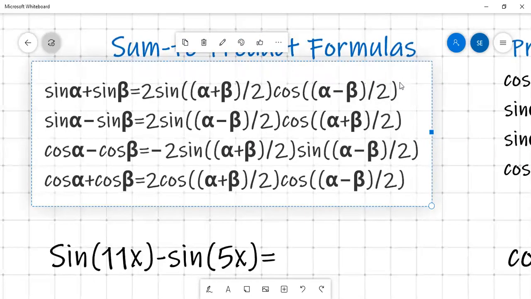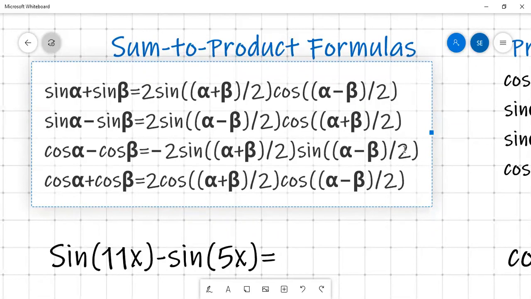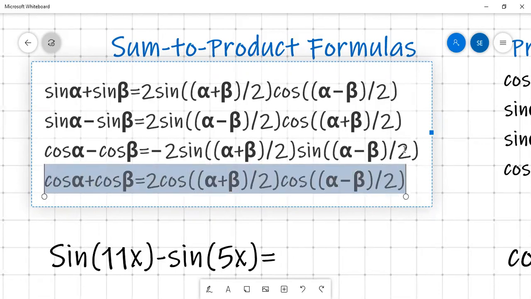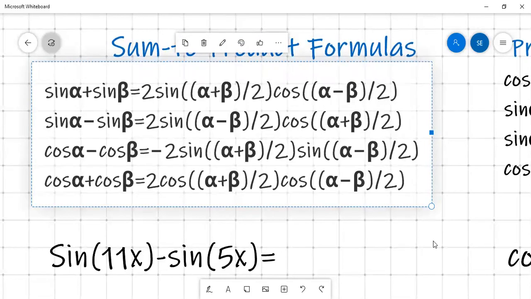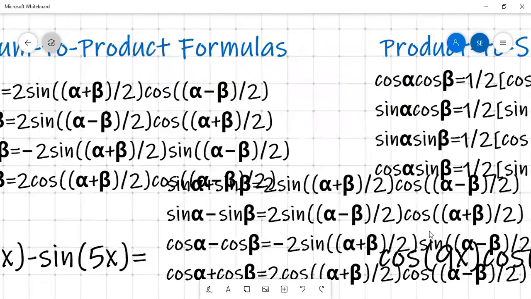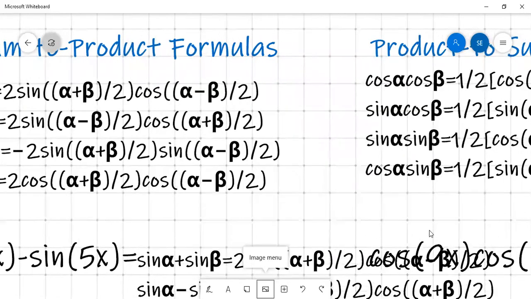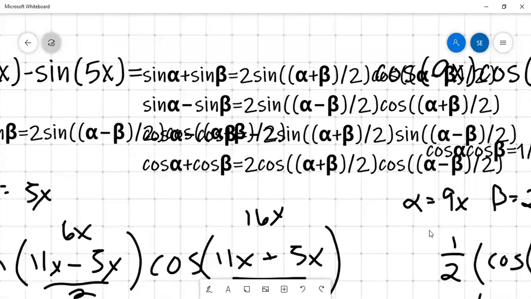So we want this first rule for our denominator. Actually, I'm going to copy this whole thing and move it down here.